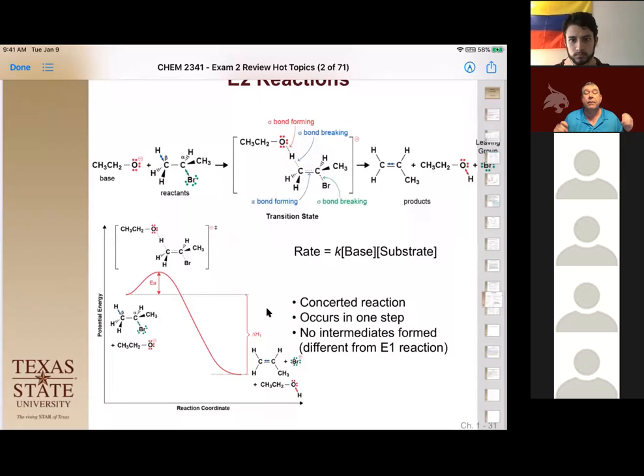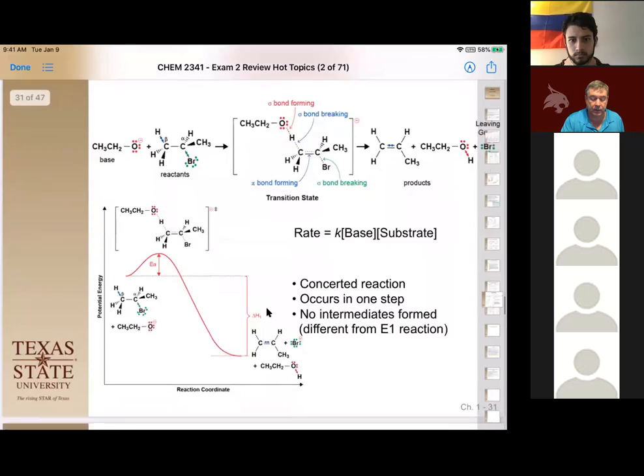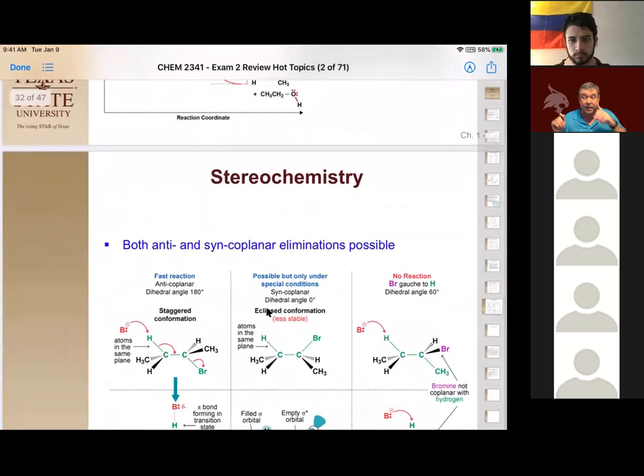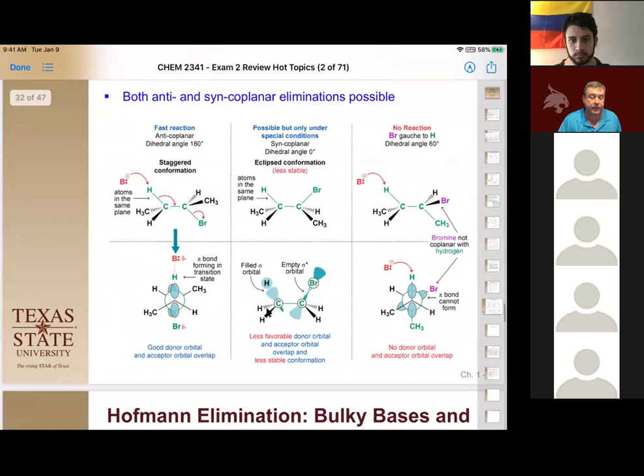Okay. If we have small bases, we always tend to form our Zaitsev's product because it can get in and remove the hydrogen that will give us the more substituted product. However, if we don't have that, we end up getting a different product. And we'll talk about the Hofmann product in a minute.